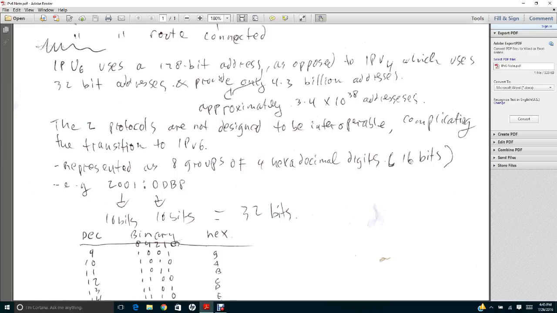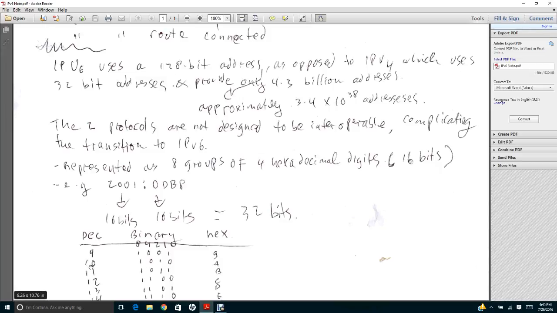So for the binary number, for example, if you have 9, the binary number is 1001. In hexadecimal it is also 9.